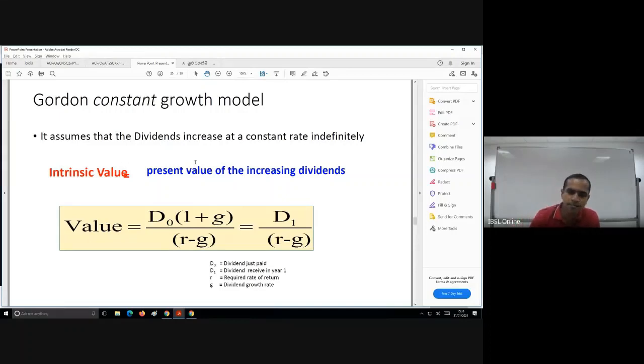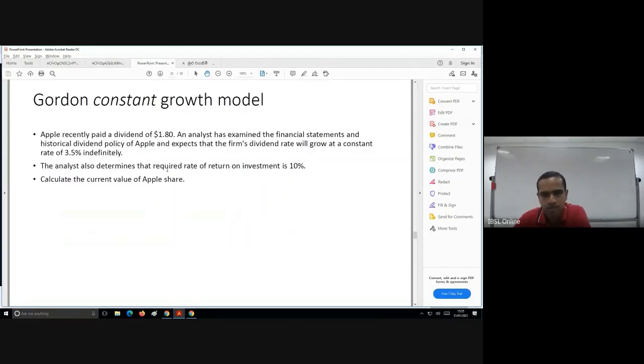Just to quickly recap, let's do the Gordon's model question once again. Apple recently paid a dividend of 1.8. An analyst has examined the financial statements and historical dividend policy of Apple, and expects that the firm's dividend rate will grow at a constant rate of 3.5% indefinitely.